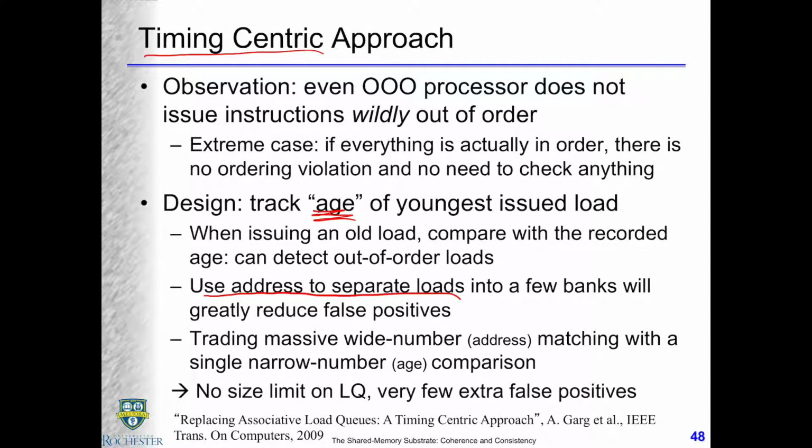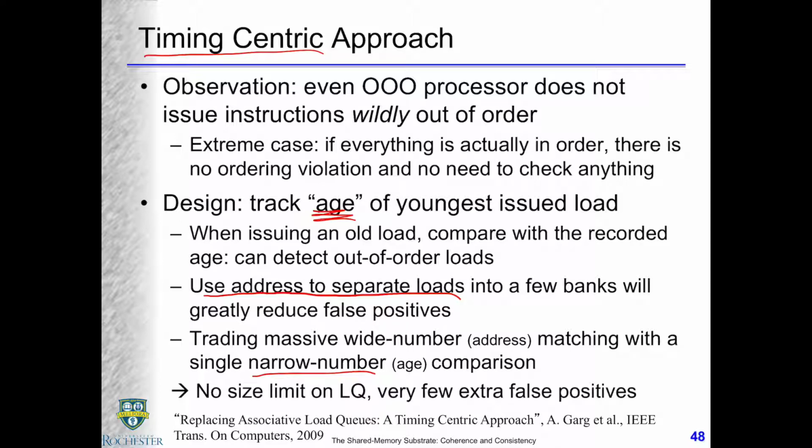And why is that good? Age is a small number, okay? It's a narrow number. How many instructions can you have in flight? How many memory instructions can you have in flight at any moment? Hundreds, you know. So to differentiate them, you have a couple of bits rather than address, which is much wider.